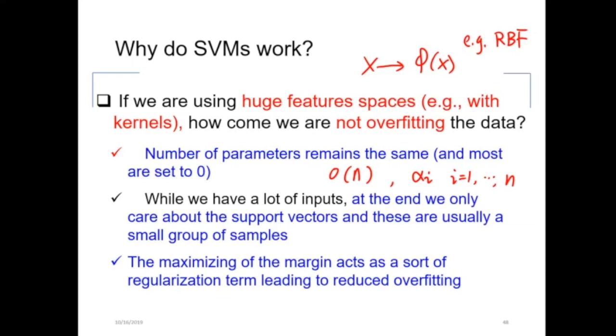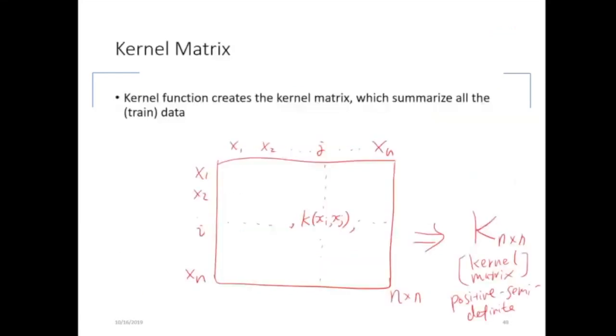So you have to prove it, but this type of margin definition leads to reduced overfitting. So the combination of controlling the parameter size and, at the same time, controlling the margin is a regularization. It's two different types of control, but it's extremely flexible at the same time.